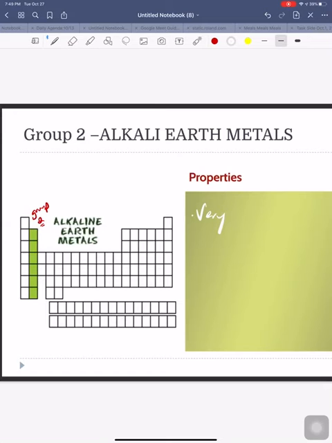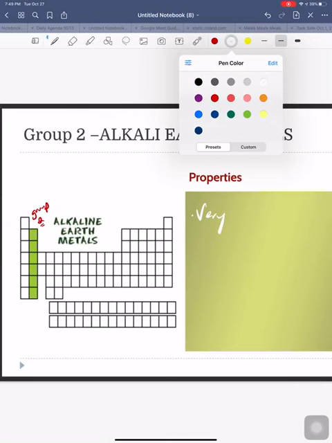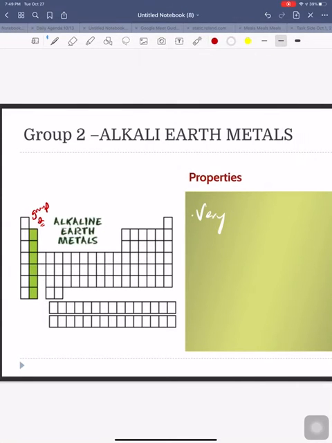So alkaline earth metals are very reactive. So like their cousins over in group 1, they're also very reactive metals, very quick to be able to find something to react with and show some energy.